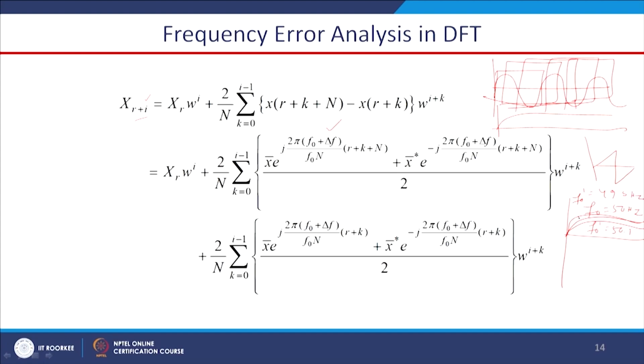The difference between these two magnitudes is basically the error. If my frequency deviates from 50 hertz to another value, that deviation is the error, in the magnitude part and also in the angle part.